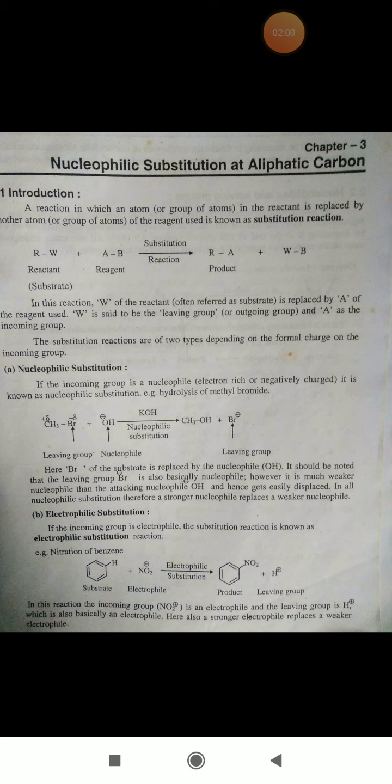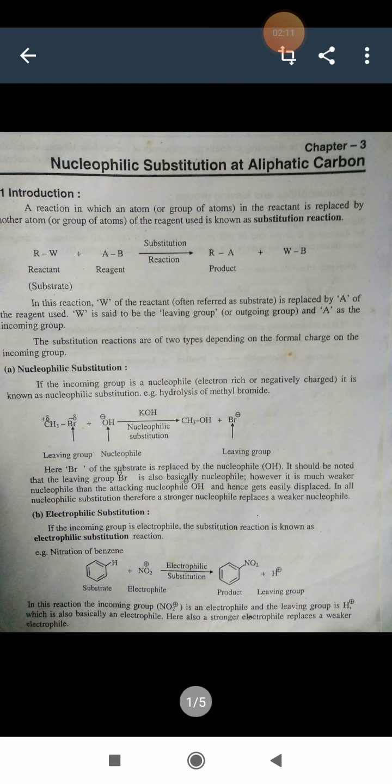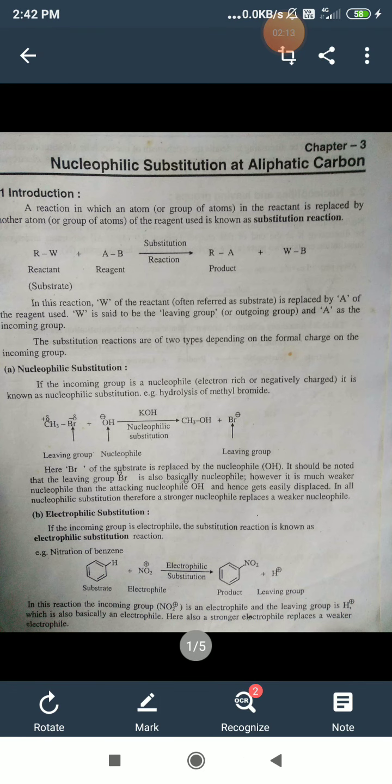Methyl bromide plus nucleophile OH minus, in the presence of KOH, gives methanol plus Br minus as a leaving group. Methyl is an alkyl group, Br is a leaving group, which reacts with OH minus.